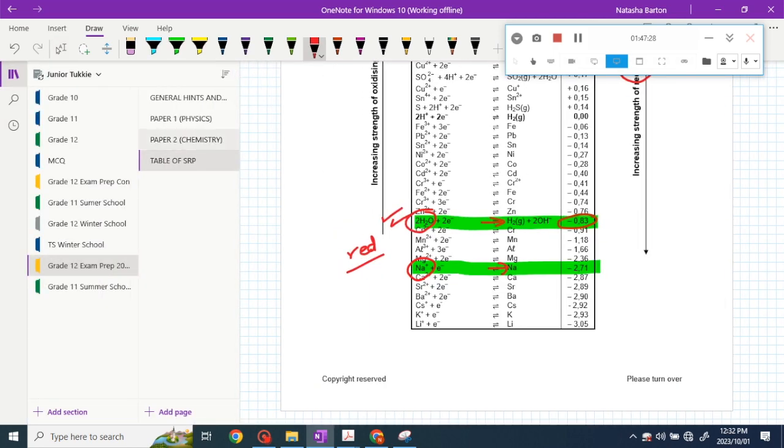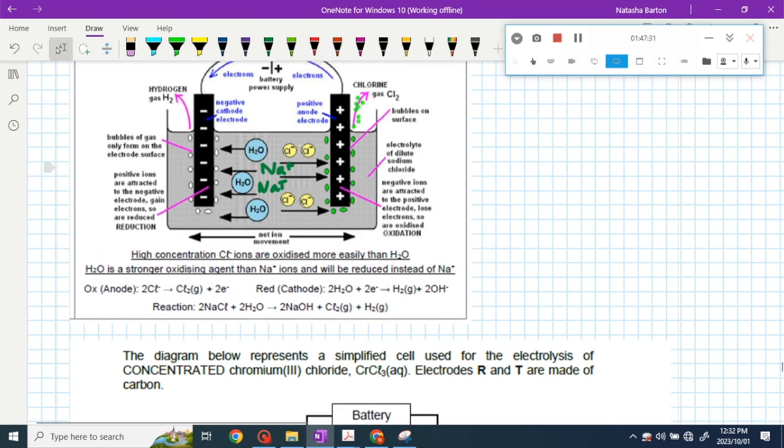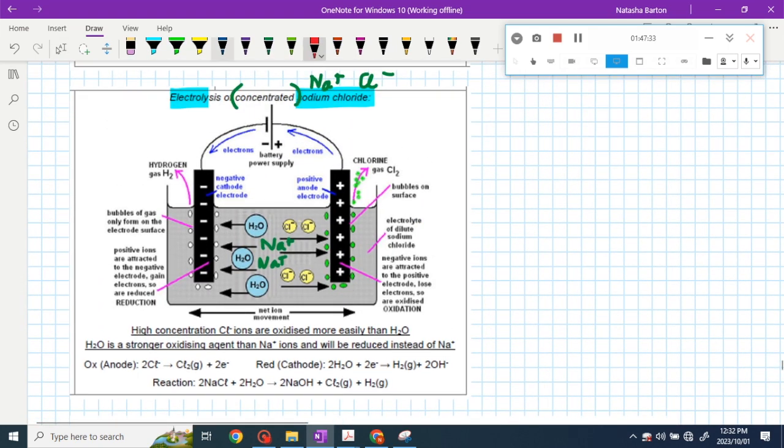So if we go back to this paper, you're going to see where I indicated that this is a concentrated solution of sodium chloride undergoing electrolysis. Instead of sodium ions, the reduction half reaction is water undergoing reduction. And instead of the water, because it's concentrated sodium chloride, the chlorine ions undergo oxidation.